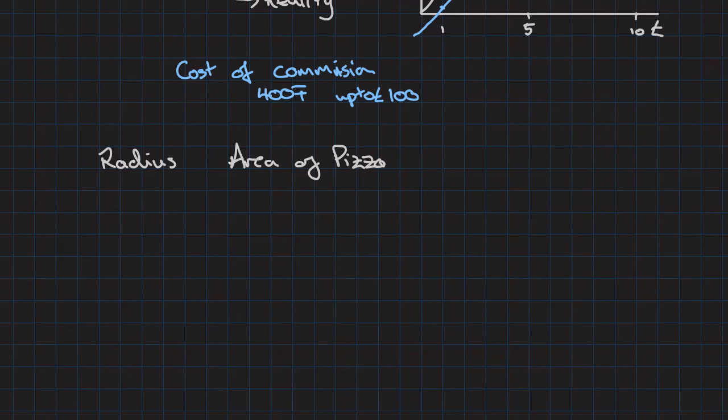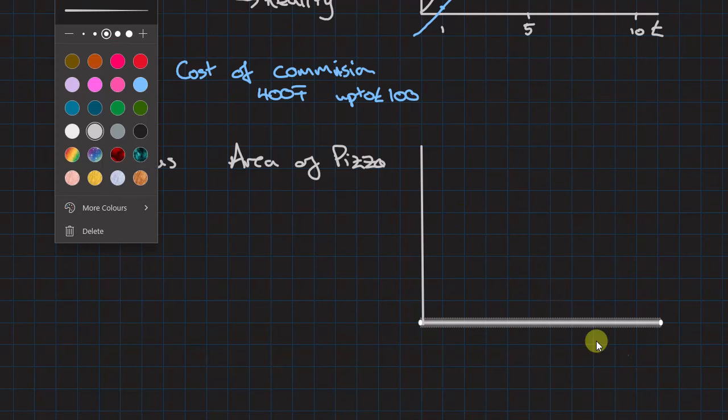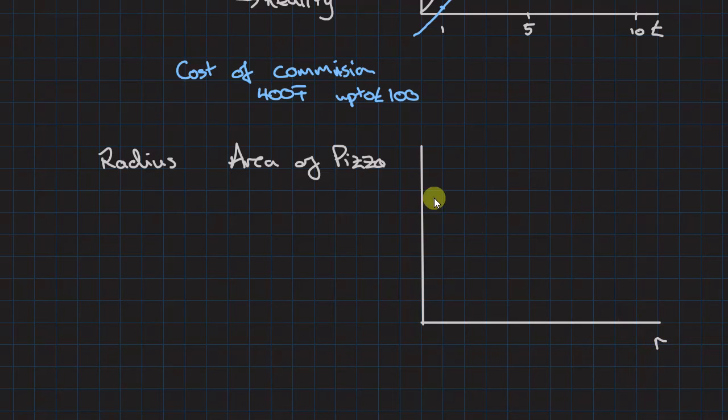Now the type of graph that gives me starts off with a nice radius of 0 and an area of 0. So I get radius and area. So it meets one of the requirements, but when the radius goes to 2, remember A is pi times r squared.